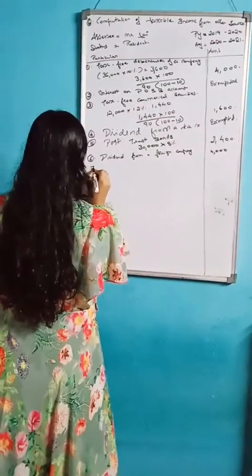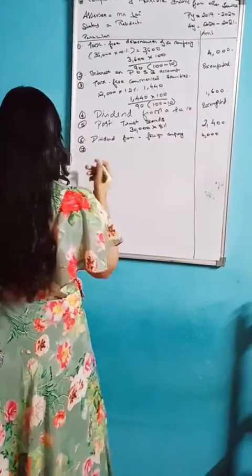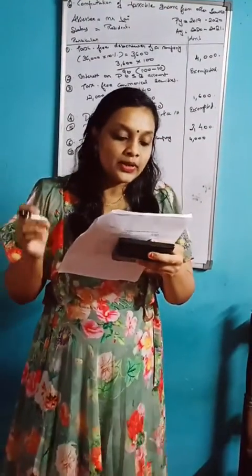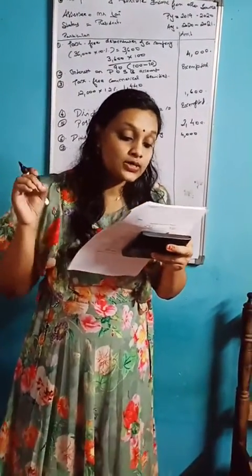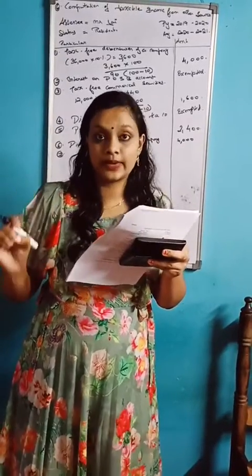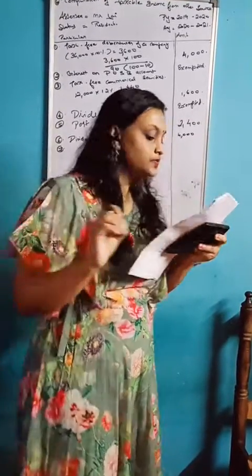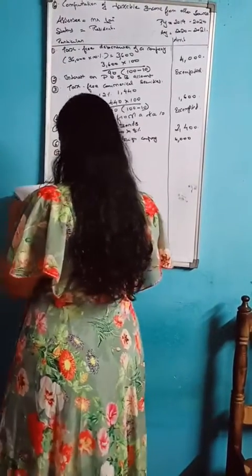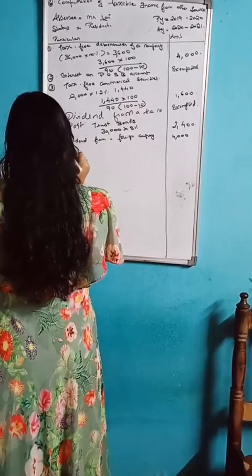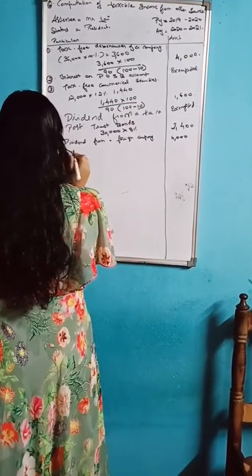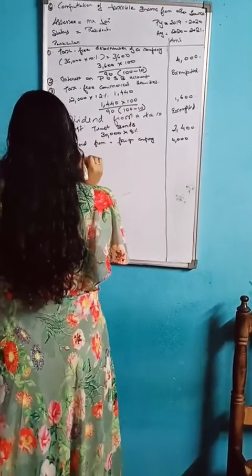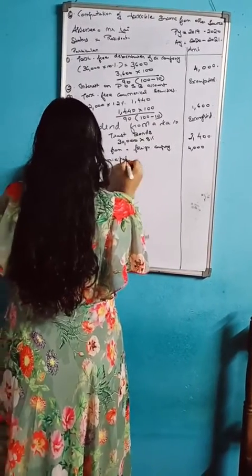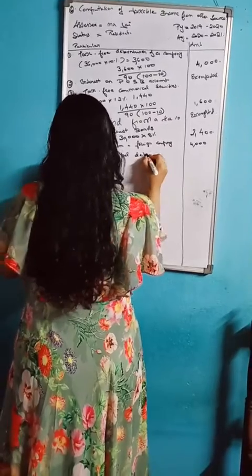Next one is rupees 15,000, 9% municipal debenture. It's taxable. So municipal debenture, that is 9% municipal debenture.